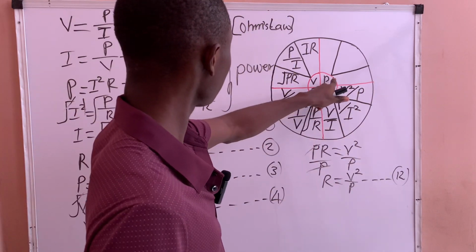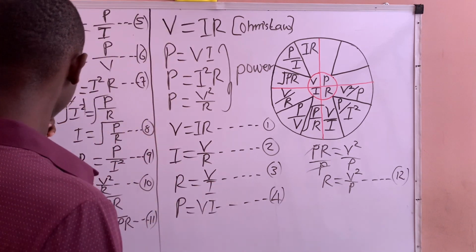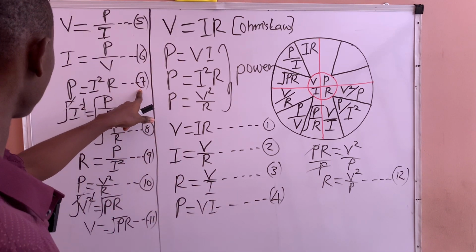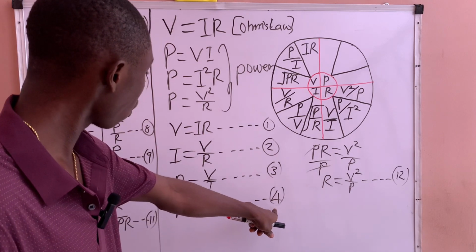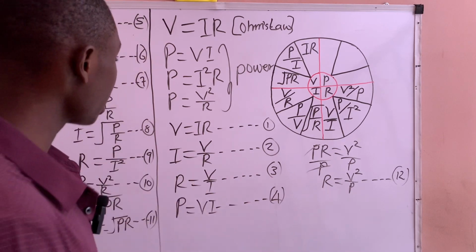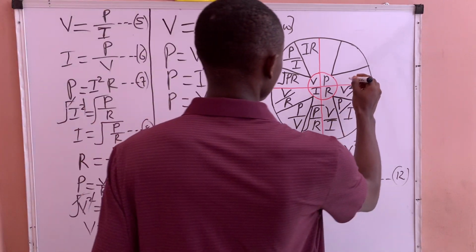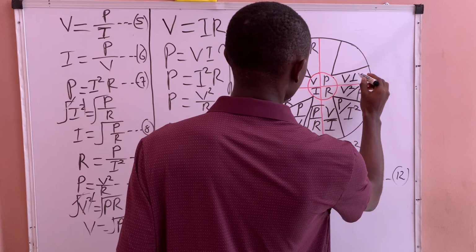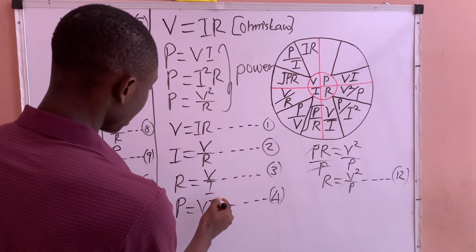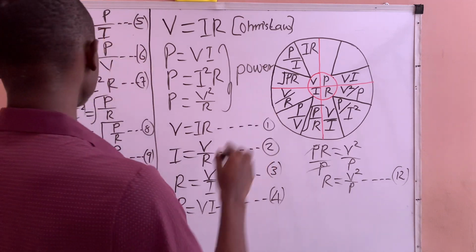We have power P. For equation 4, we have that P, which is power, is equal to the product of voltage and current, which is V I. So for equation 4, I just input it in the formula wheel.